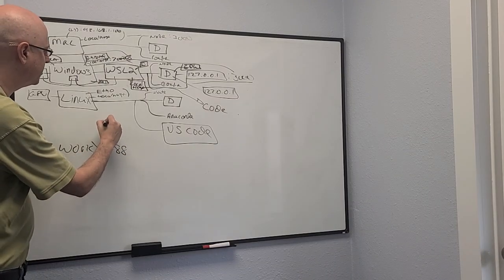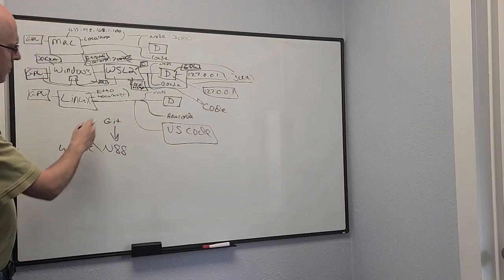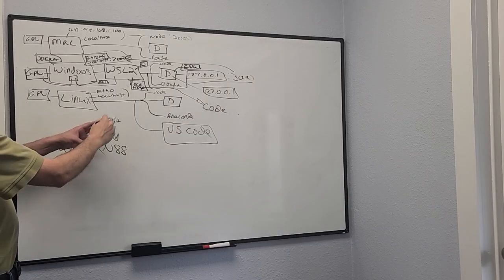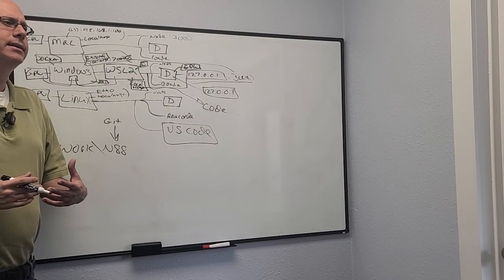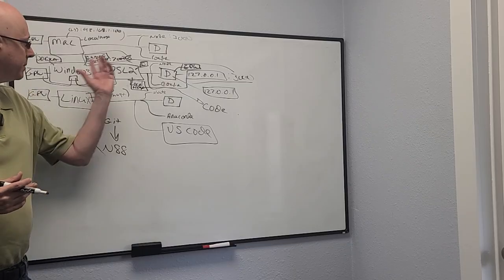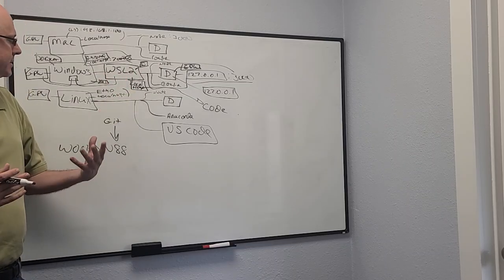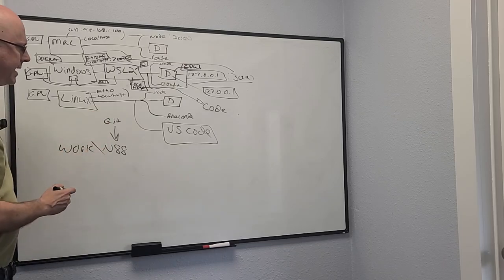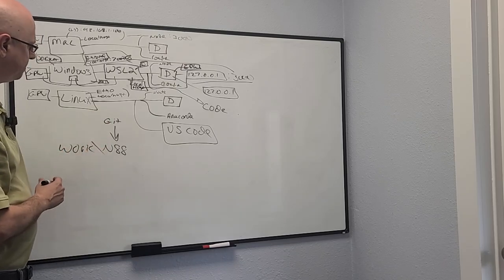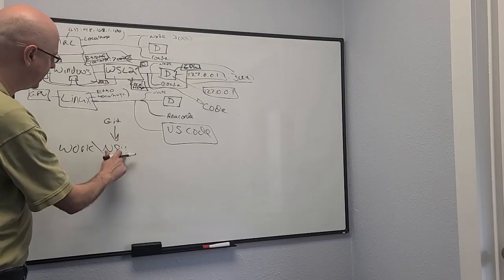So now git pulls down N8N. Now you have to make sure that the git command might have to be installed. There might be an install command you have to run in WSL to have access to the git command, but you pull that down. And then now you N8N.